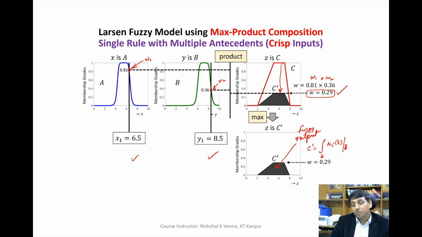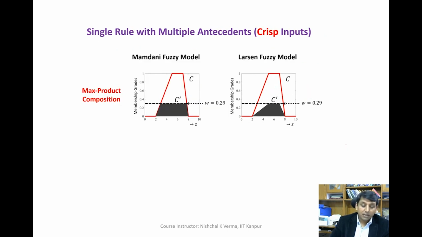And this is how this output will be represented. Now let us compare this output with the output of the Mamdani fuzzy model. We can clearly see that when we have used the max product composition, how we get the output in case of the Mamdani fuzzy model and in case of the Larsen fuzzy model for the same crisp inputs.